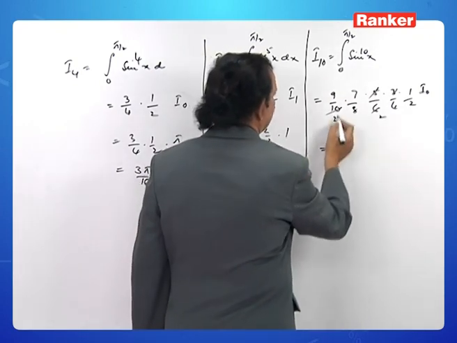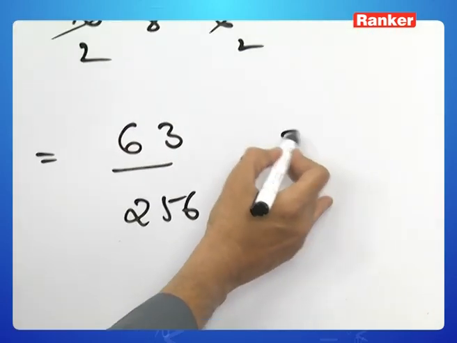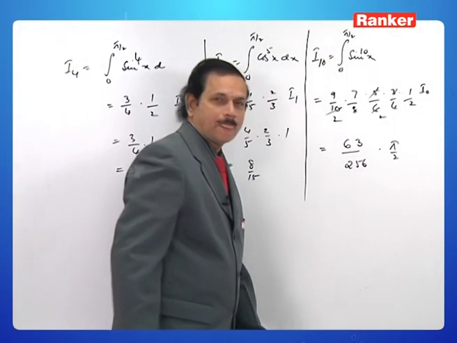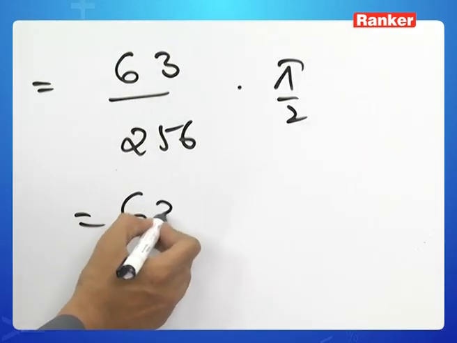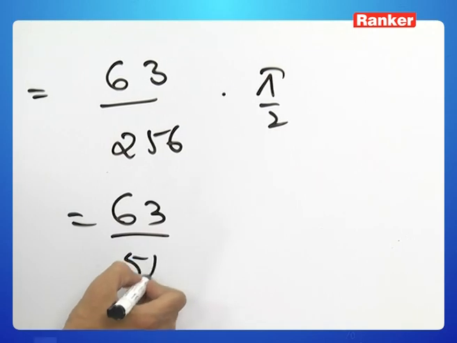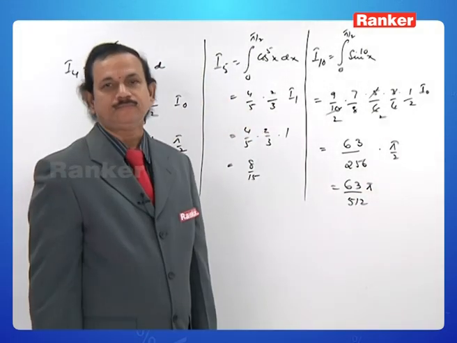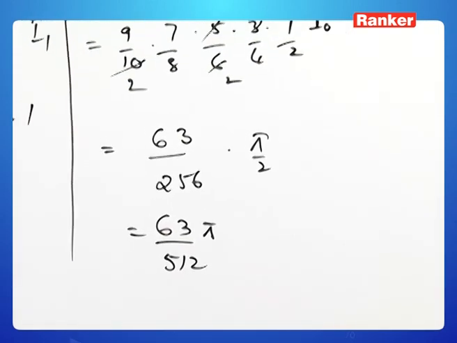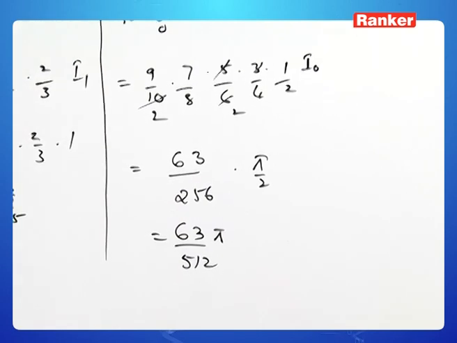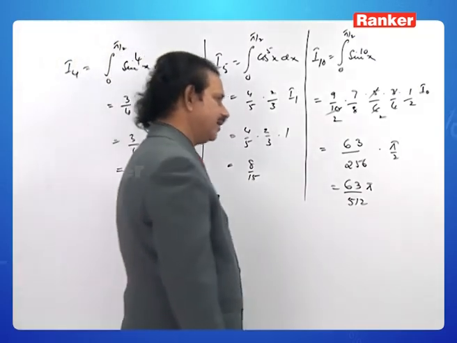So this is into I0, which is pi by 2. Hence this is 63 by 512 pi. This is the answer. Whatever might be the value of n, either even or odd, we will be able to have the answer like this.